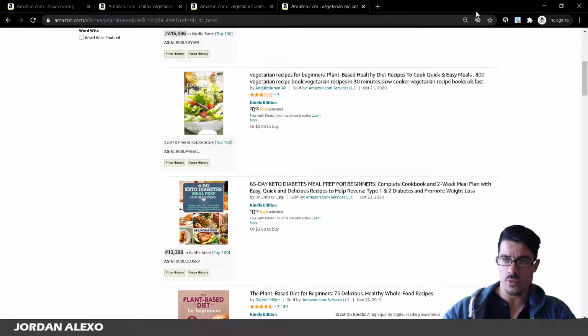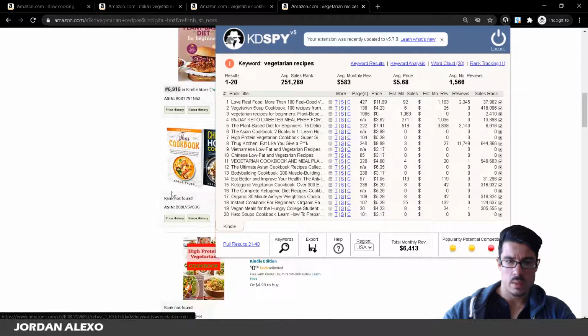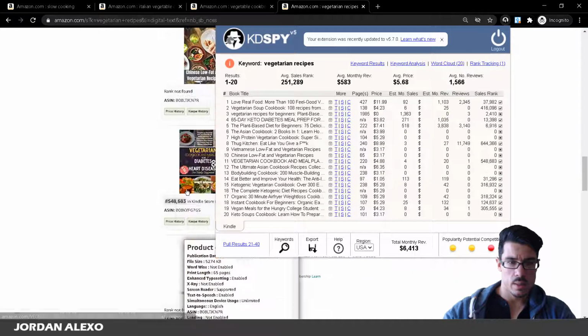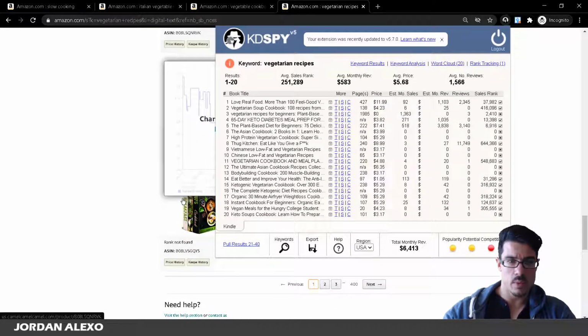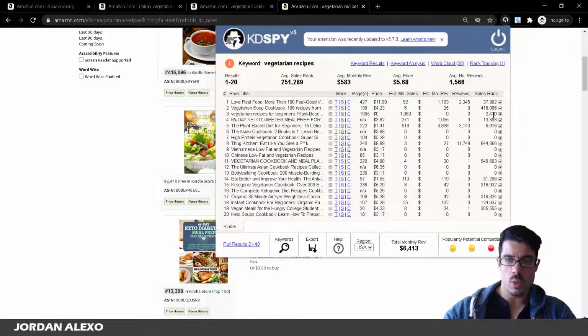Actually, this book is free, so I wouldn't consider this book over here. Sometimes this happens. For some reason, this actually doesn't exclude the free books, and you want to exclude the free books. So we have 3 books performing quite well.